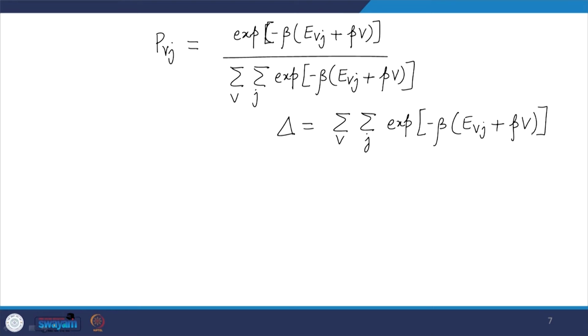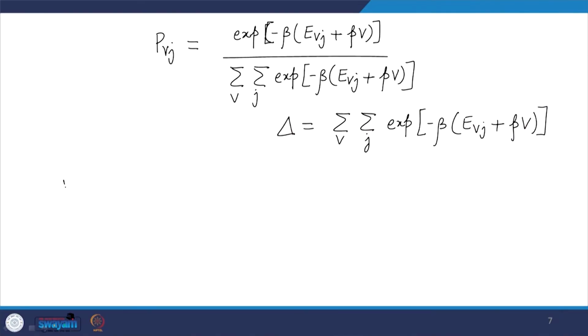Now, let us say I am interested in the fluctuation in the volume in this case. Since volume is a variable, we will have an average value and we will have a fluctuation that we can define again as V squared average minus V bar squared, that essentially is the same as the average of (V minus V bar) squared, that is the standard deviation squared or the variance.